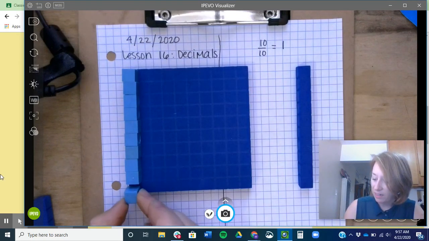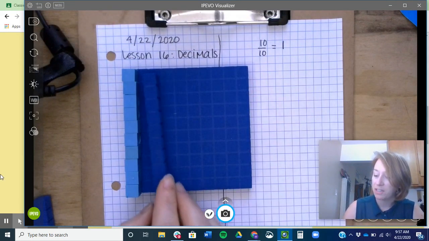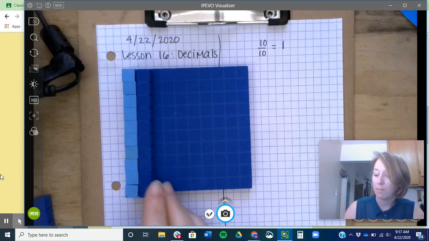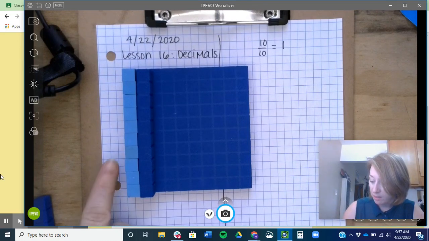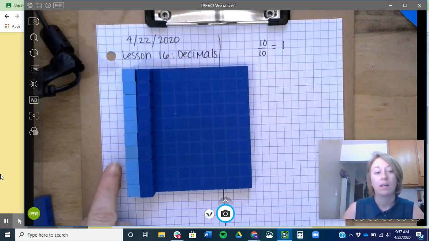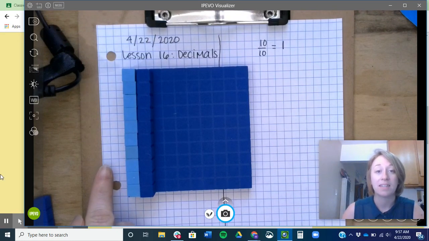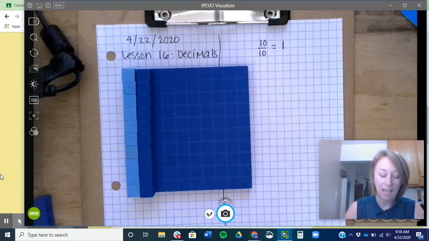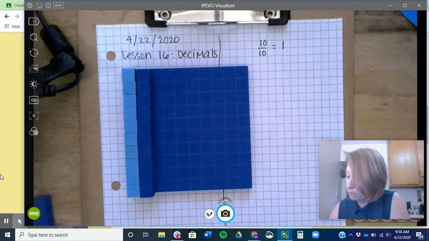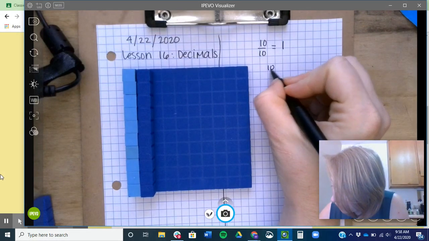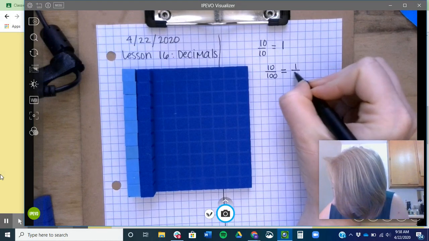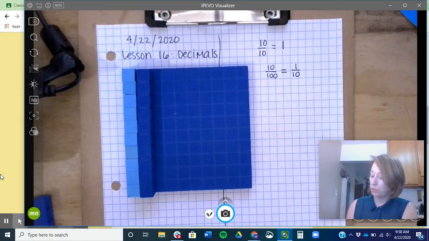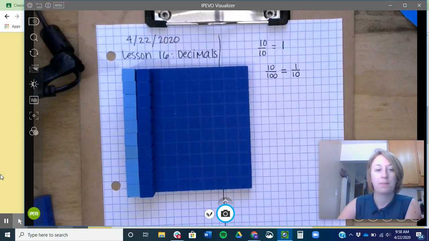If you were thinking 10 hundredths would be the same as 1/10, you're right. You'll notice that when I put them side by side, they are the same size. That's right, same size. So 10 100ths is equal to 1/10.